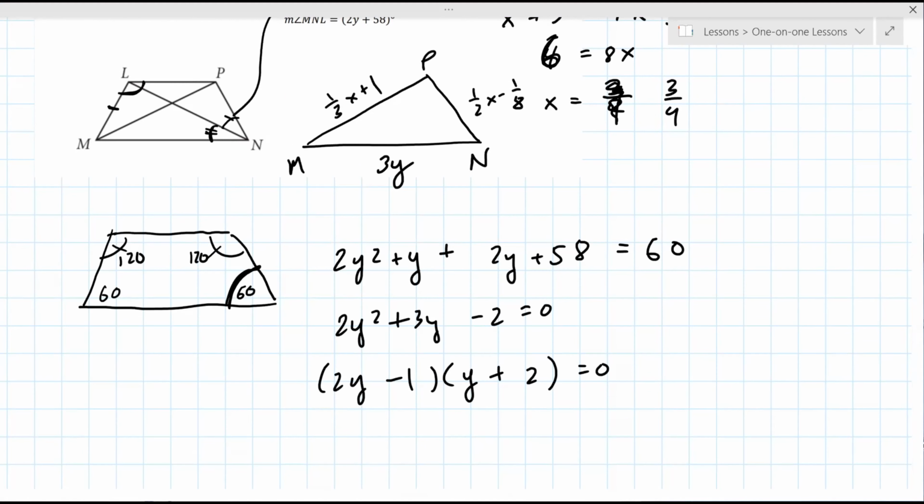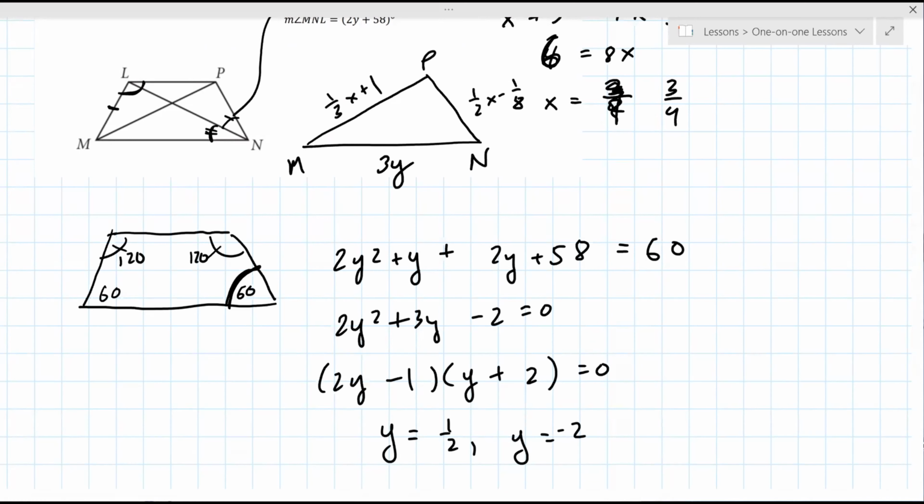Y is 1/2 and y is -2. Okay. Y is 1/2 and -2. It's one or the other, or it could be both.